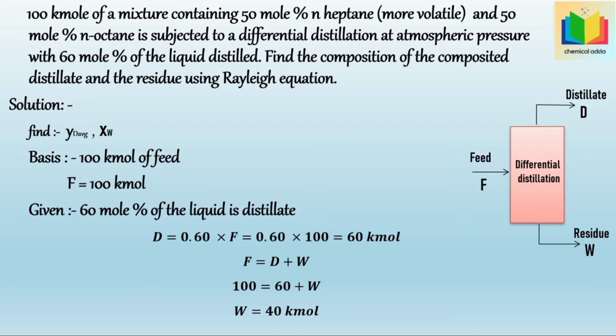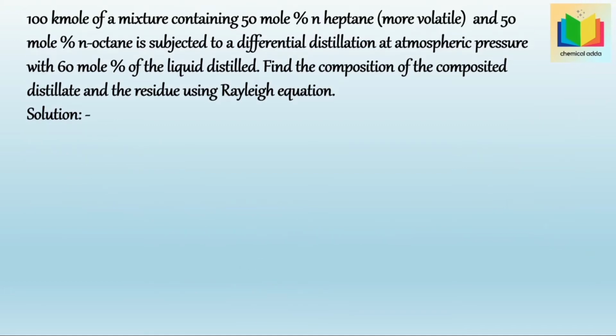Now, let's put the values of F and W in the Rayleigh equation. As we know, the Rayleigh equation is ln of F by W is equal to the integration of 1 by y minus x into dx from xW to xF.